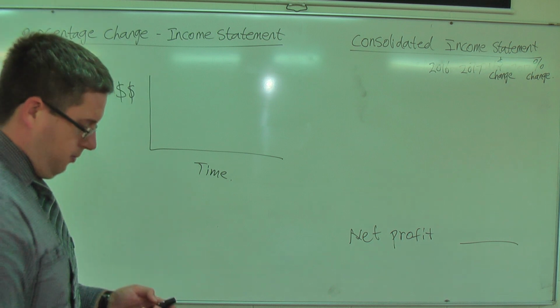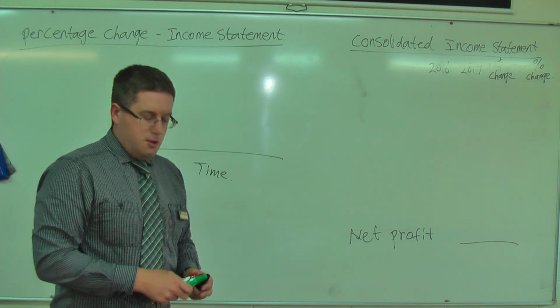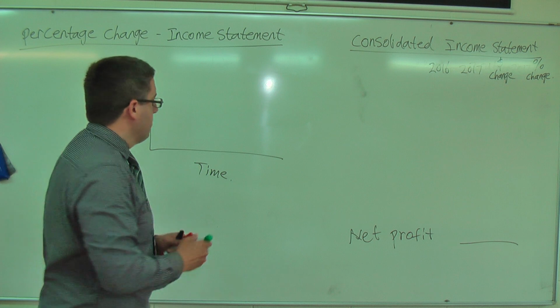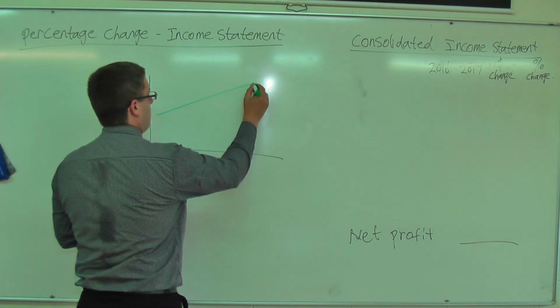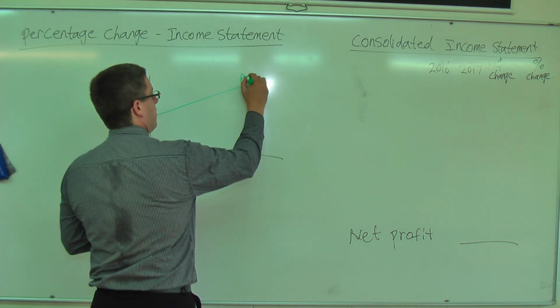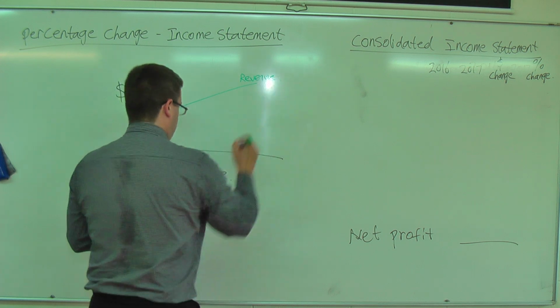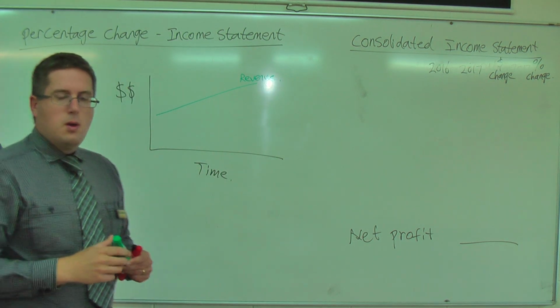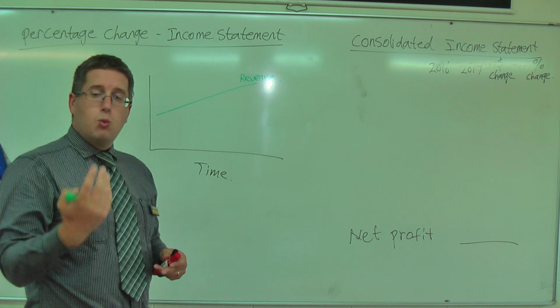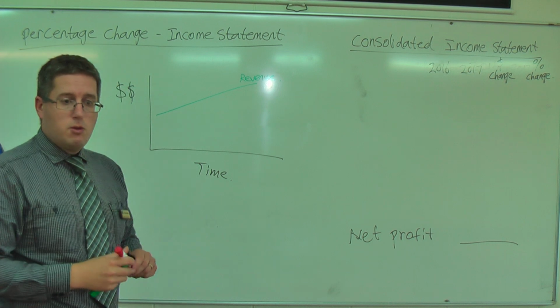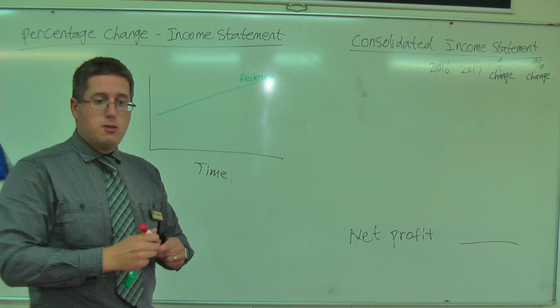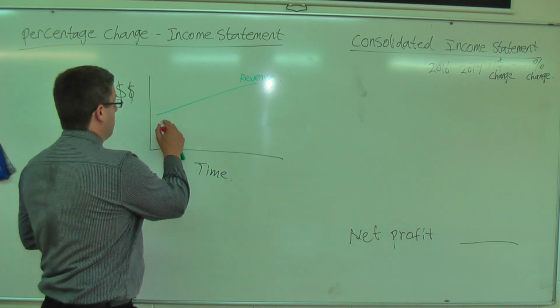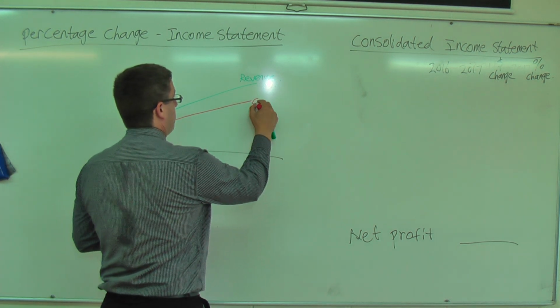Say we've had an increase in income. This is our green line, increase in revenue. So that's our revenue. It's going up. But sometimes expenses will track the same. So maybe sales increase and expenses go up as well.